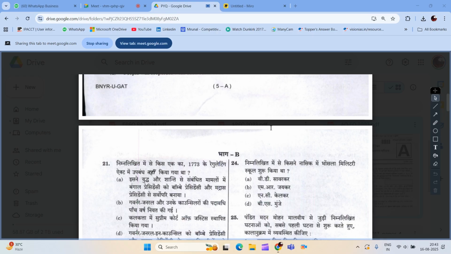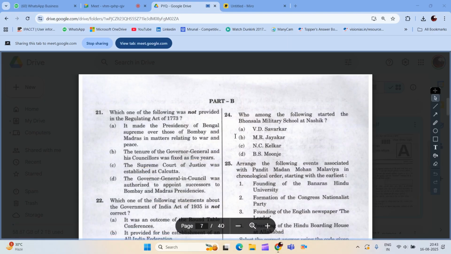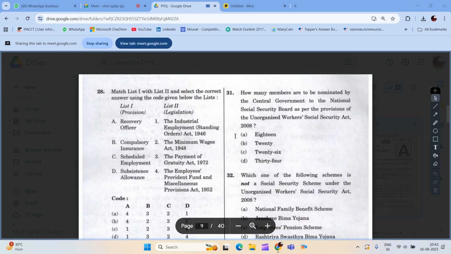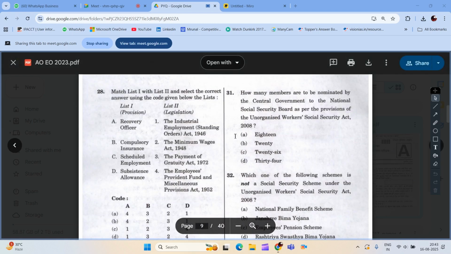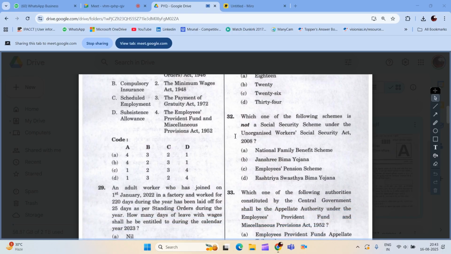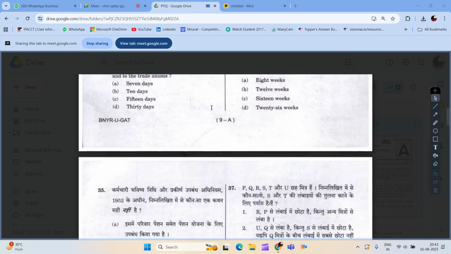Now, let us look at the maths from the AOEO question paper. Here I have the question paper with me. I'm not discussing the accounts related numericals, I mean auditing and accounts related maths, and I'm also not discussing the reasoning related maths.